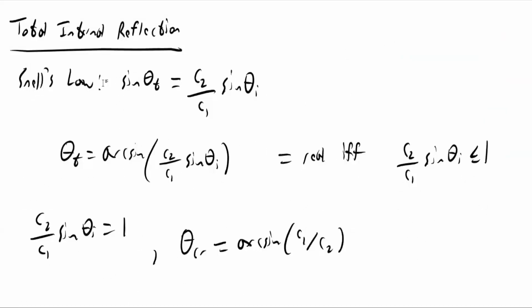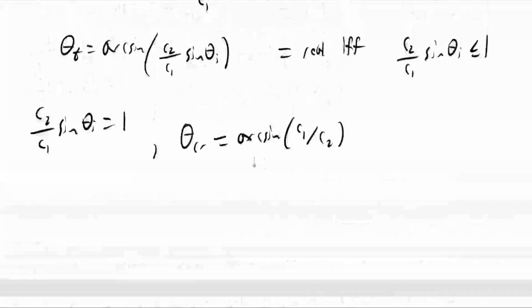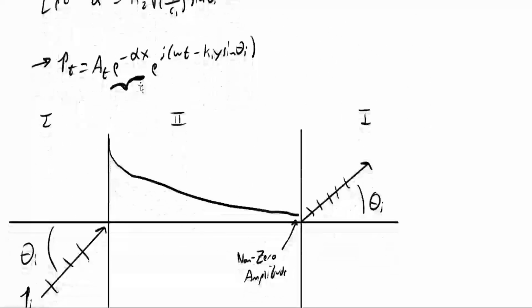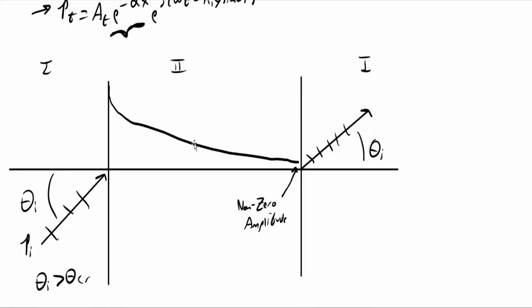And finally, and most importantly, we talked about total internal reflection and found our critical angle, and that let us describe an evanescent wave in a medium. So this concludes this video. Thank you.